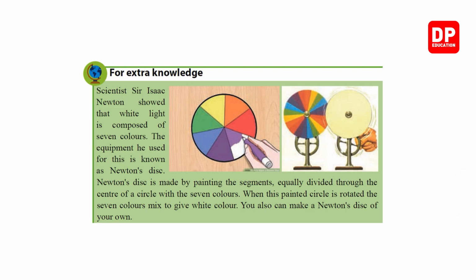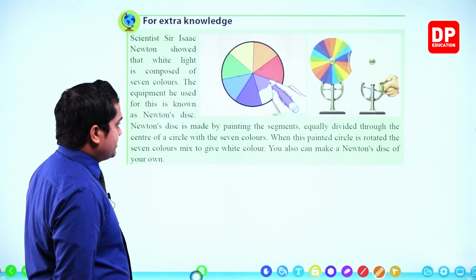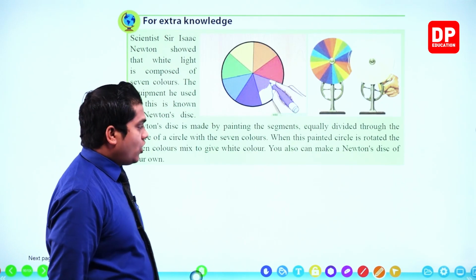Newton's disc is made by painting the segments equally divided through the center of the circle with the 7 colors. When this painted circle is rotated, the 7 colors mix to give the white color. You also can make a Newton's disc on your own.